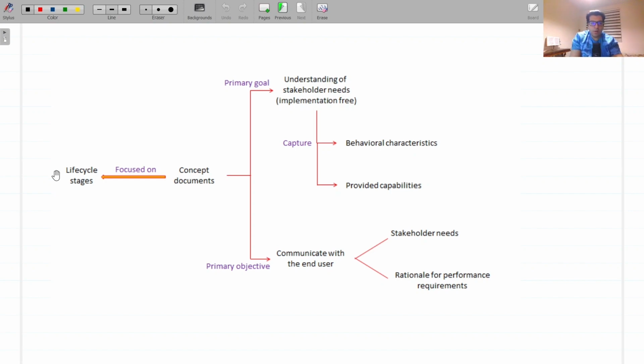A primary goal of a concept document is to capture early in the system lifecycle an implementation free understanding of stakeholder needs by defining what is needed without addressing how to satisfy the need. It captures behavioral characteristics required of the system in the context of other systems with which it interfaces, and captures the manner in which people will interact with the system for which the system must provide capabilities.